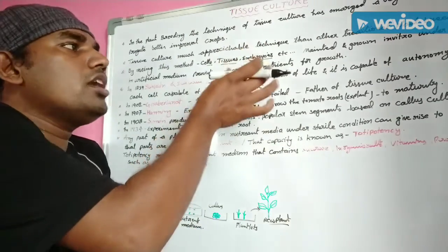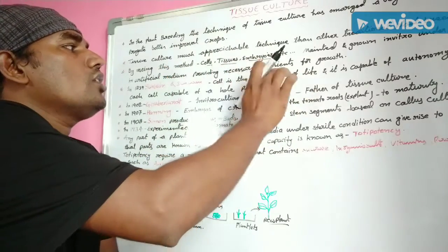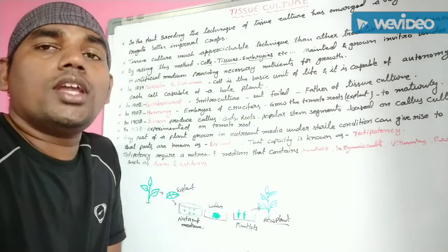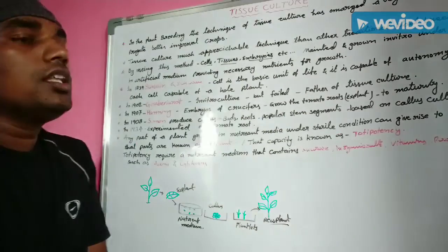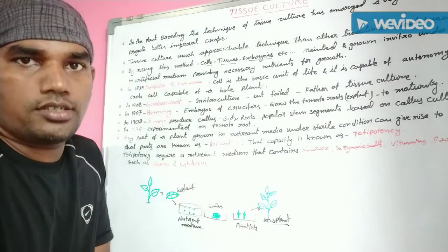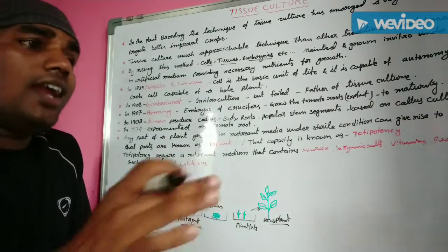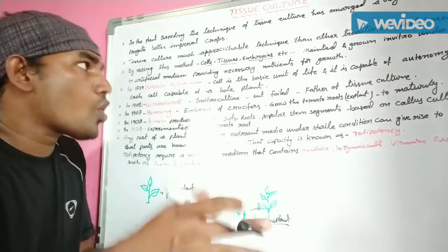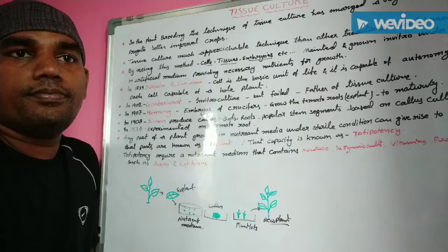This nutrient medium is known as culture medium. This culture medium is prepared with the help of the necessary nutrients. These nutrients are helpful to grow cells, tissues, embryos into an entire plant.